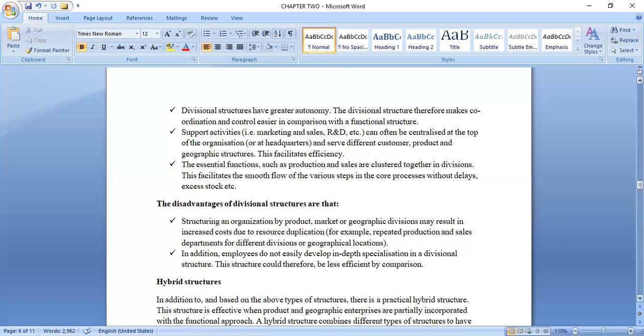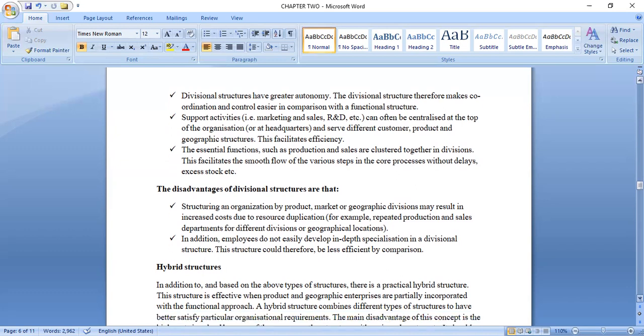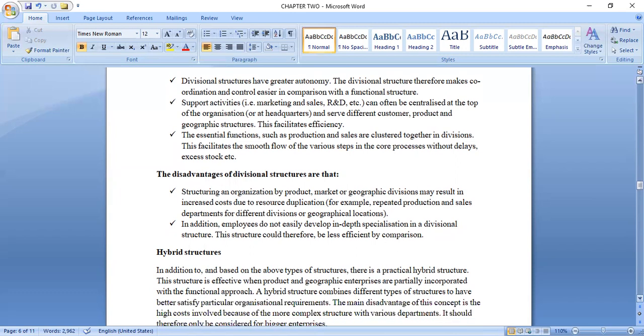And then, like you've already seen, these departments like marketing, finance, research and development work in support of all these branches, if it is a geographical structure. So they do not work in isolation, but rather they work in support of all these other departments.